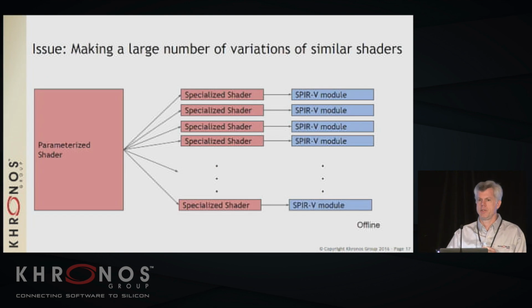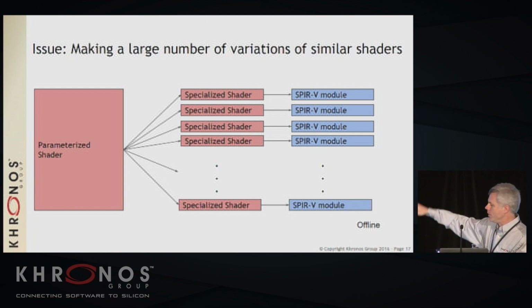The real issue is when you have some sort of uber shader or some big shader with lots of ways of parameterizing it, and then generate all the combinatorial explosion of ways of setting all those parameters. You end up with a large collection of, say, GLSL shaders that now are each hard-coded to the specific specializations.